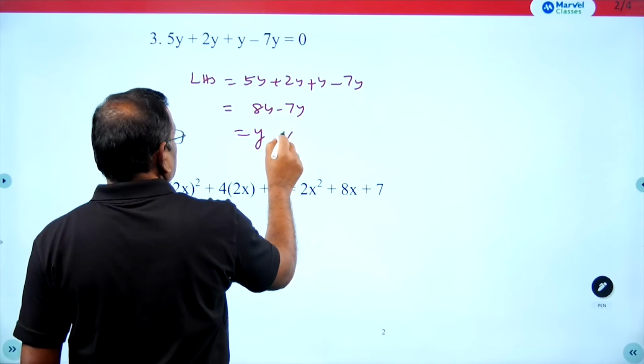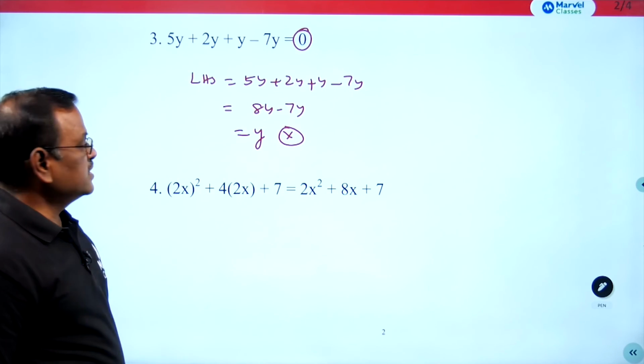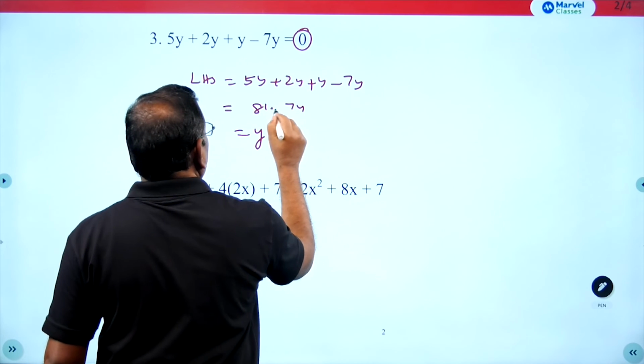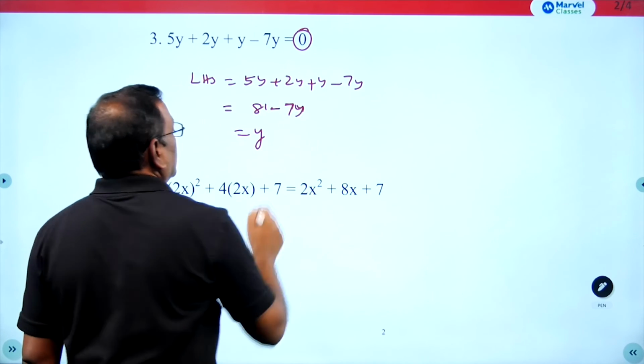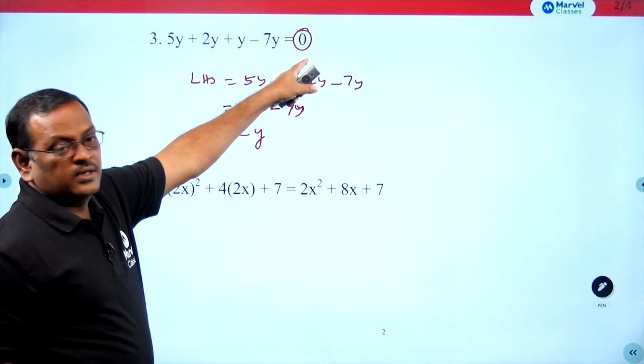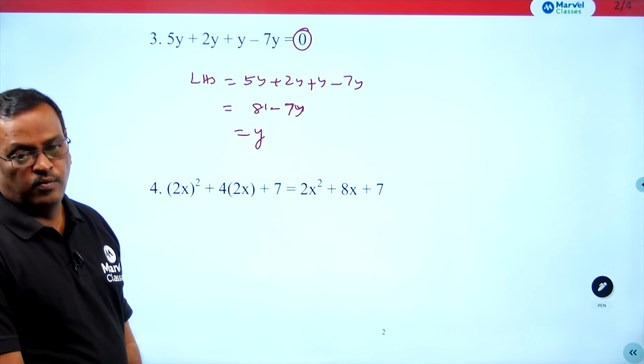So this is the RHS, but here the RHS is 0 and hence the error is 0. So instead of 0, replace by what? Replace by y, because the value of the final expression is y but not 0. That is the error. Error is 0 and replace 0 by y, okay.